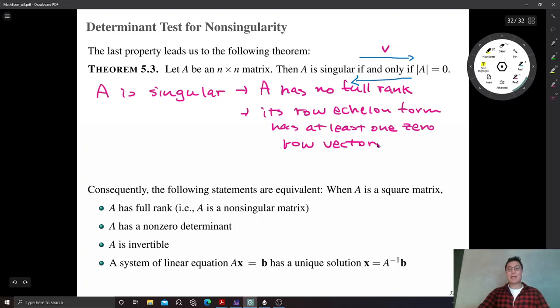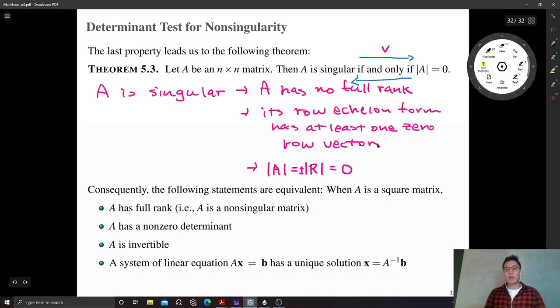But by the second property of determinant, if a matrix has a zero row vector, then its determinant is going to be 0. The echelon form and the matrix A have the same determinant, up to a plus or minus sign, regardless of the sign. If the row echelon form has a zero row vector, then the determinant is going to be 0 by the second property.